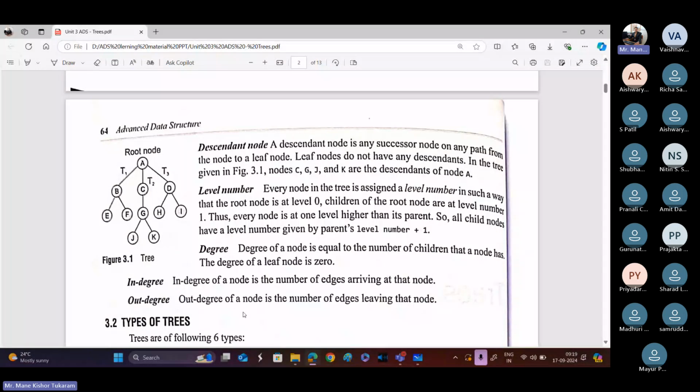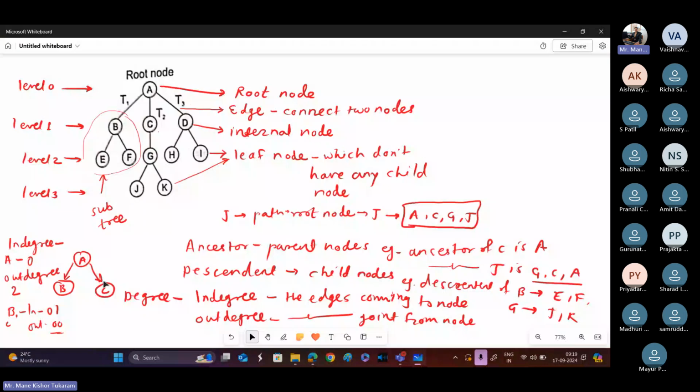The height of the tree is nothing but the number of levels present inside the tree, starting from the root as 1 to the last level.